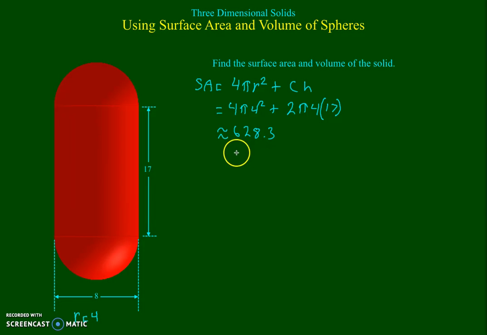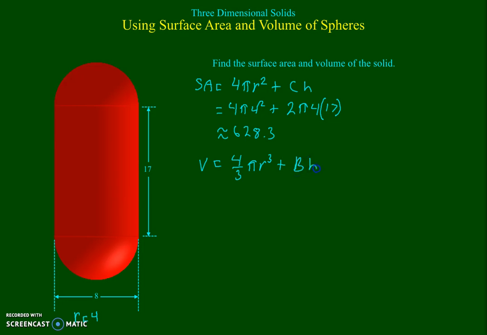With volume, we have a similar situation. We have the volume of a sphere and the full volume of a cylinder. So we can just add those two volumes together. So we have volume equals 4/3 pi r cubed, which is the volume of the sphere, plus area of the base times height, which is the volume of our cylinder.